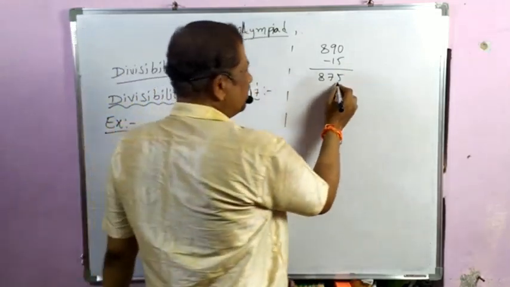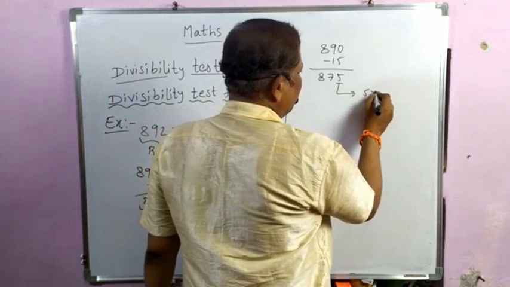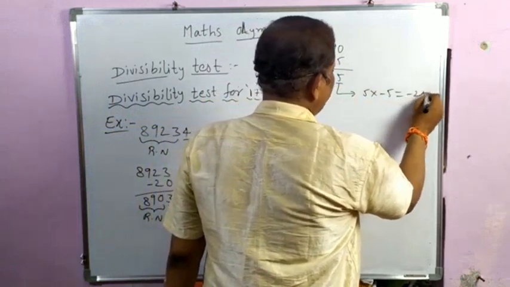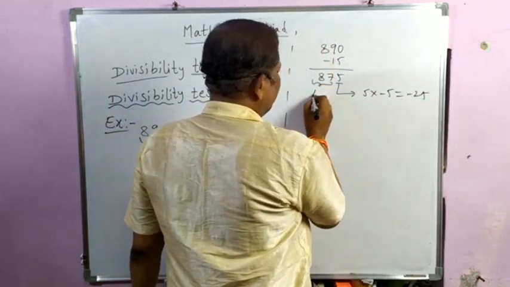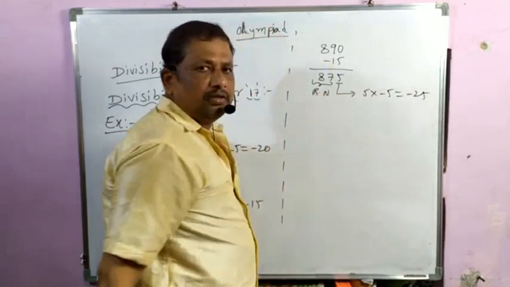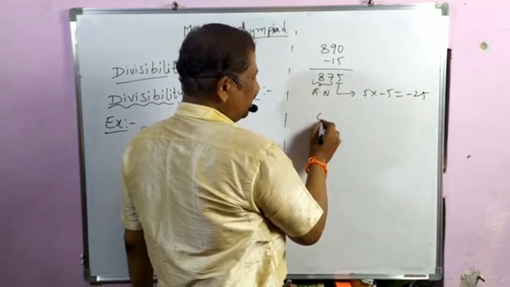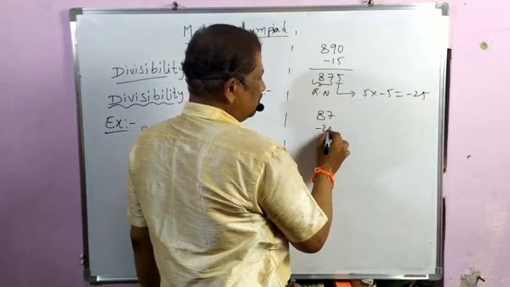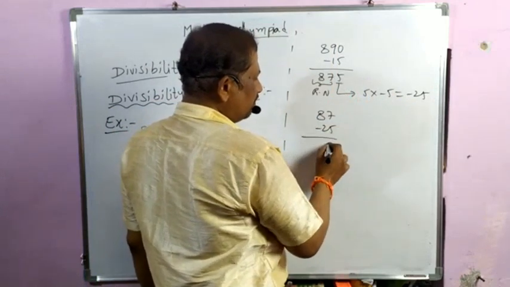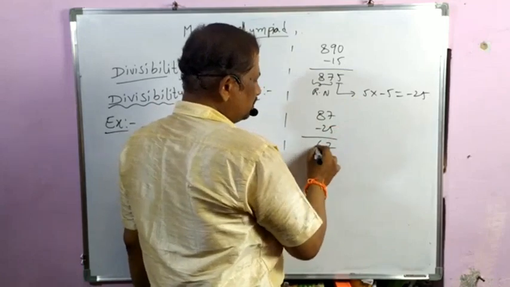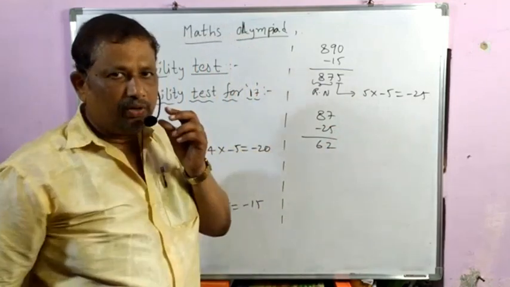Again, this is a big number. The last digit we multiply with minus 5, and we get minus 25. Subtract this 25 from the remaining number 87, and we get 62. It is a small sufficient number now.